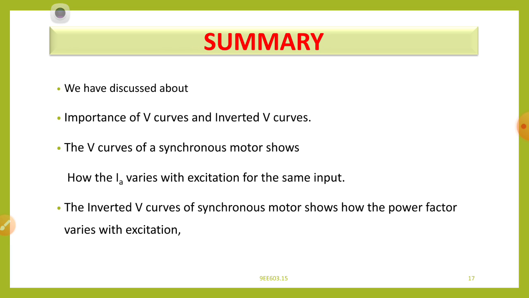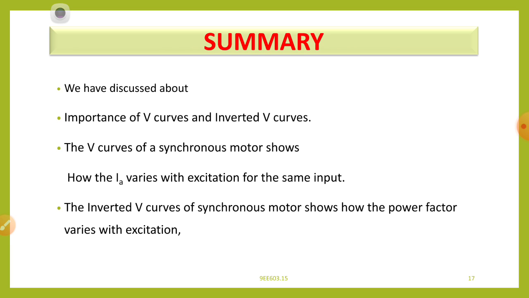Now what have we seen in this class? We have discussed the importance of V curves and inverted V curves. That means how we maintain the power factor as well as the armature current optimally by keeping the DC supply, the DC current, to the rotor.